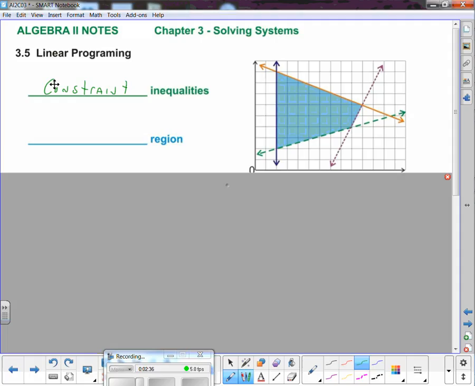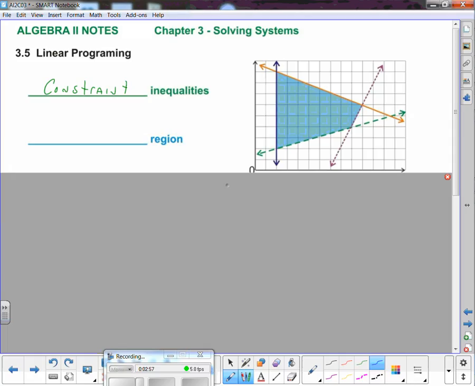So again, in real life, 20 variables, maybe 30 variables, maybe more. Realistically, the way we're looking at it, just a few. So the constraint inequalities constrict the possibility of what you're dealing with. And then with those constraint inequalities, you end up with the intersecting of them, right?